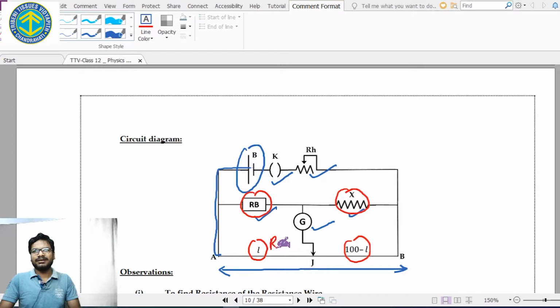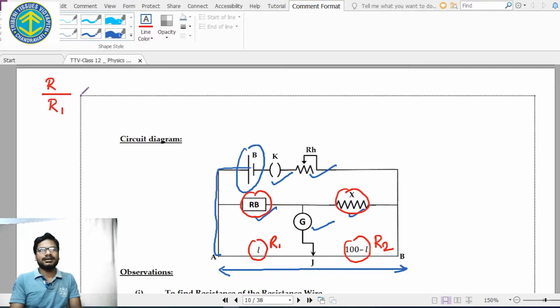So we are giving the names R1 and R2. According to the concept of Wheatstone bridge, we can write that RB, we are just calling it R simply, by R1 equals X by R2.